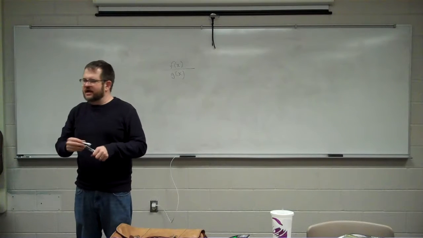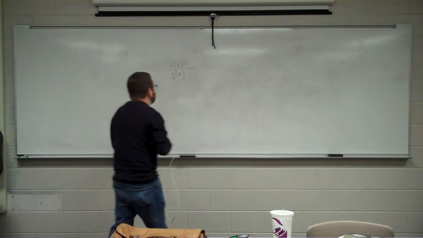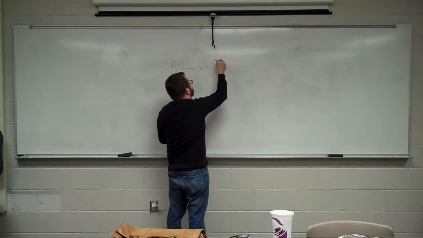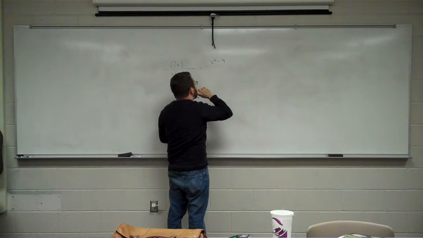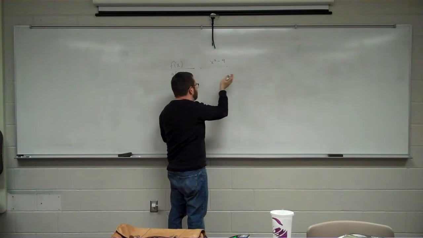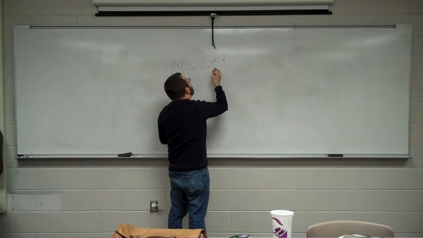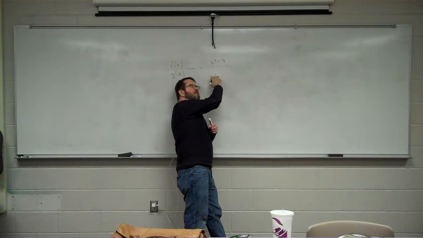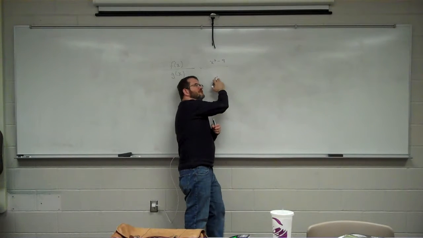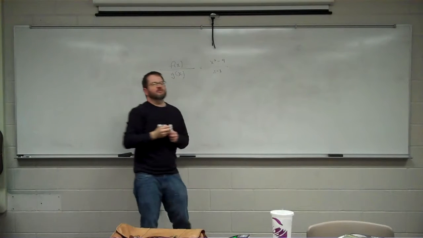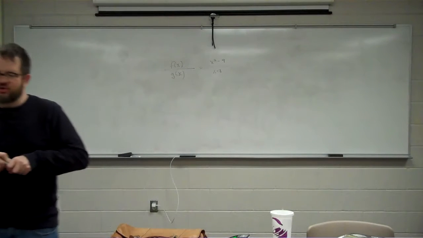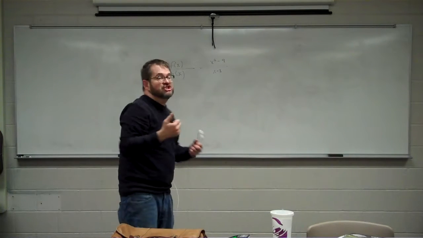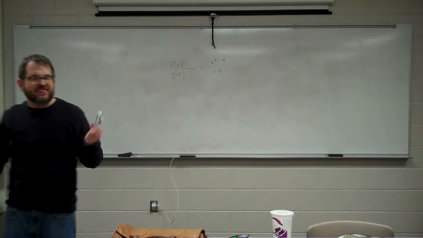For example, f of x could be x squared minus 9, and g of x could be x minus 3.